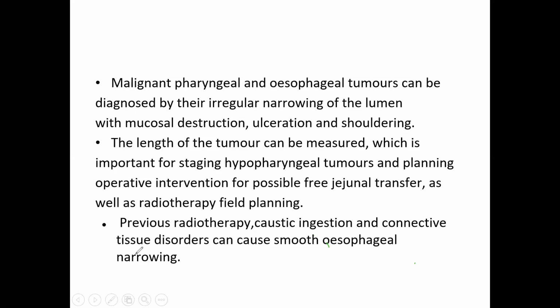So as you could see here, with pharyngeal and esophageal tumors, you should keep in mind that they are diagnosed by irregular narrowing, the rat tail appearance of the lumen. You should look for mucosal destruction, ulceration and shouldering.